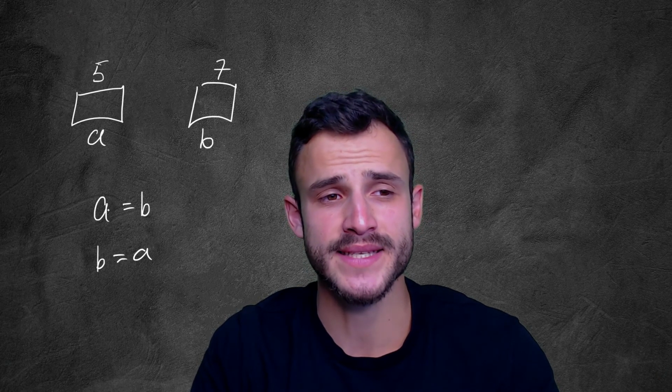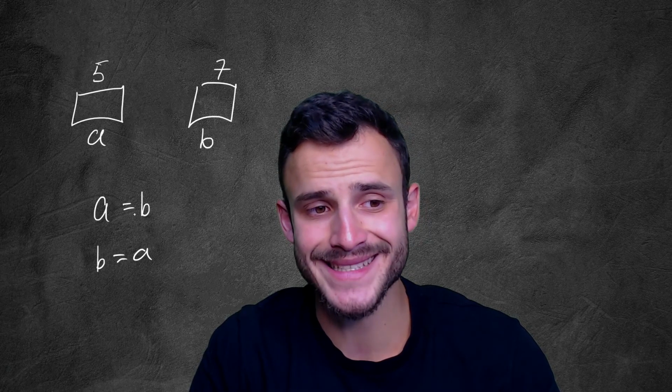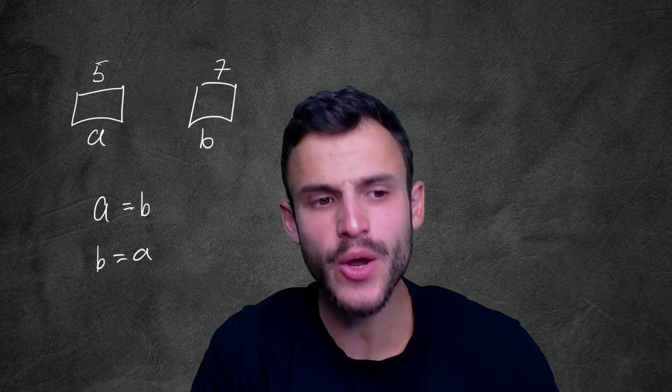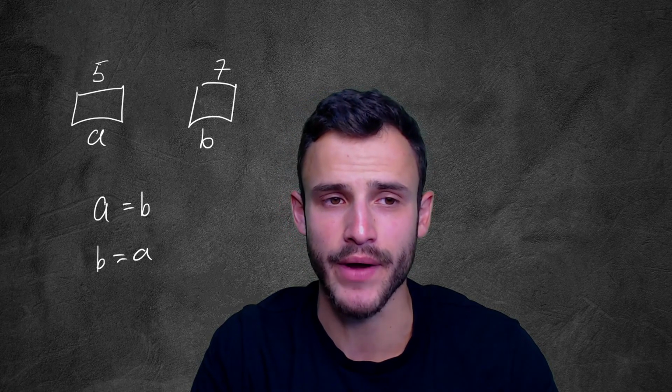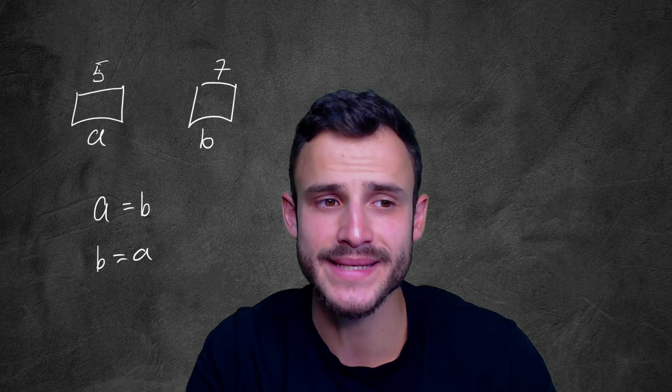Whenever you execute this operation, the value of B on the right side of this equal sign will be assigned to variable A. So this means the value of 7 will be assigned here.